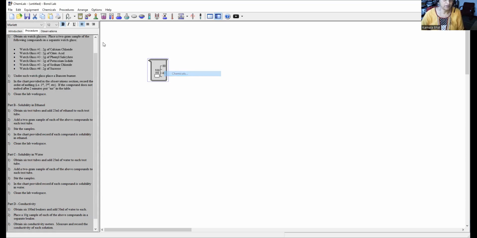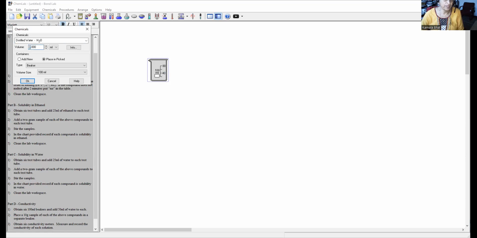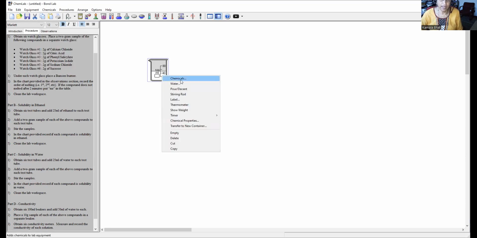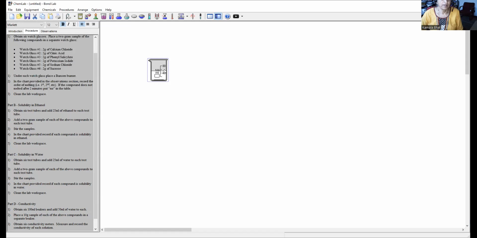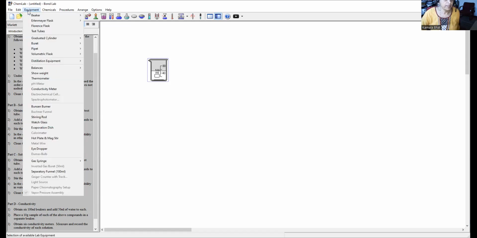Go to the chemical, add water, 50 mLs, then you say okay. And into this, you add 2 grams of the chemical, starting from the first one. Make sure you add 2 grams of the chemical and say okay, now go to the equipment and get the conductivity setup.